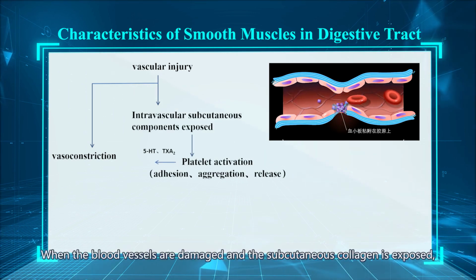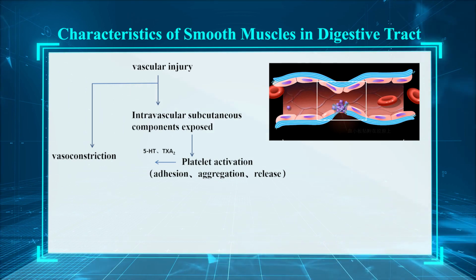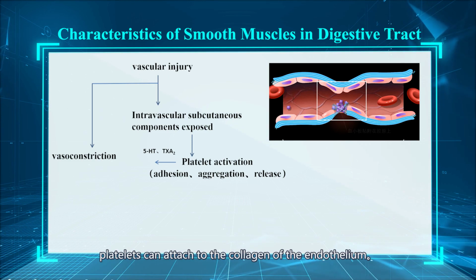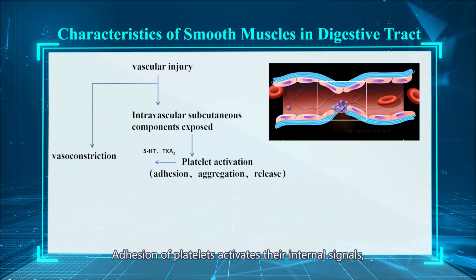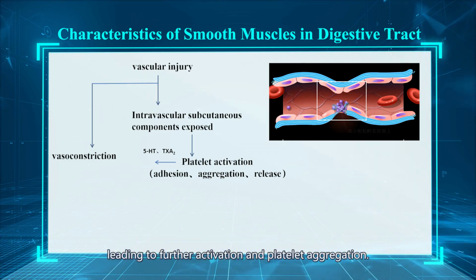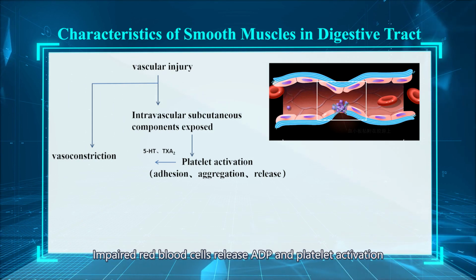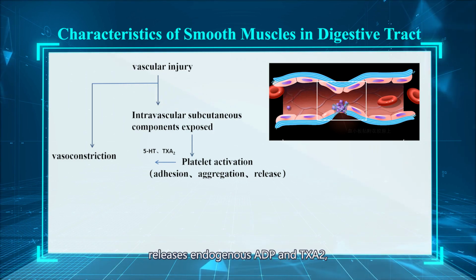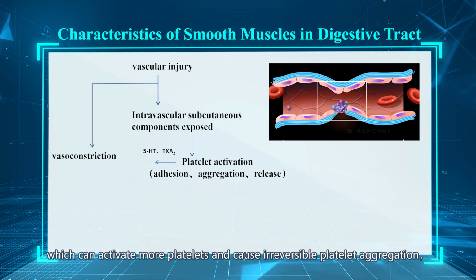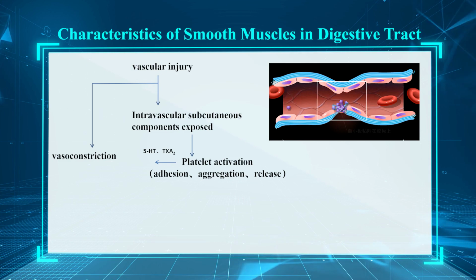When the blood vessels are damaged and the subendothelial collagen is exposed, platelets can adhere to the collagen of the endothelium. Adhesion of platelets activates their internal signals, leading to further activation and platelet aggregation. Damaged red blood cells release ADP, and activated platelets release endogenous ADP and TXA2, which can activate more platelets and cause irreversible platelet aggregation.